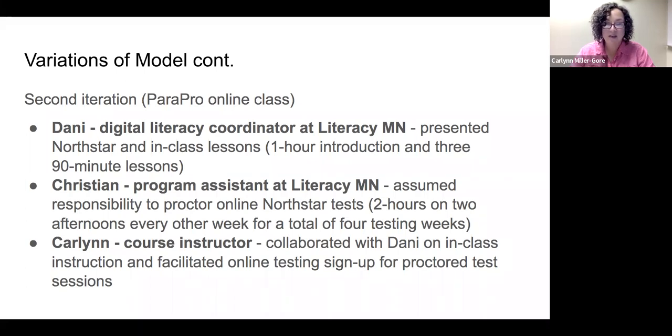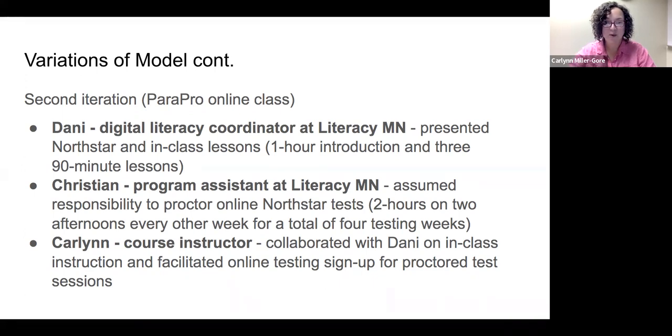And the fact that someone else was able to take on that proctoring role was huge in my ability to effectively integrate North Star into my class. And Danny being the content expert and having those push-in lessons was pretty amazing.